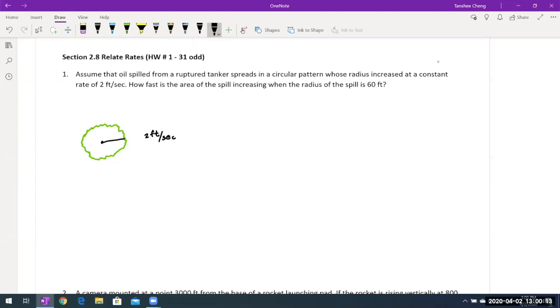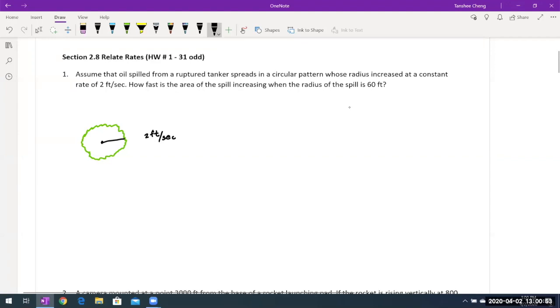So the whole idea of related rates is using the rate of change of one quantity in terms of the rate of change of a different quantity that we already know, so that we can compute it more easily.